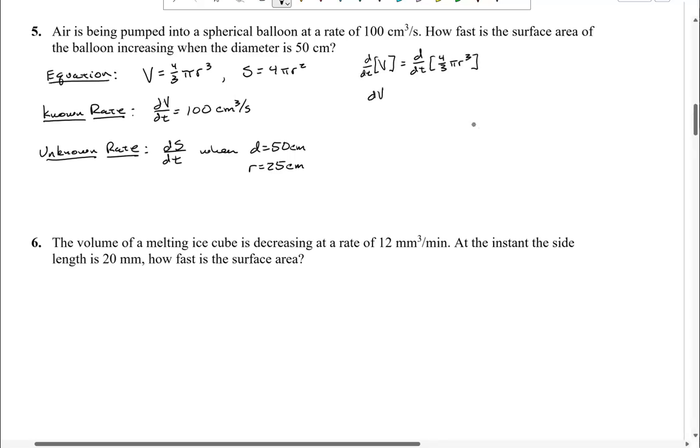So we have dV/dt equals 4, when we multiply the 3 in front, pi r squared dr/dt, implicit differentiation. And we have a known rate of 100 for dV/dt, and we know that we are going to plug in 25 for the radius, and then we can solve for dr/dt.